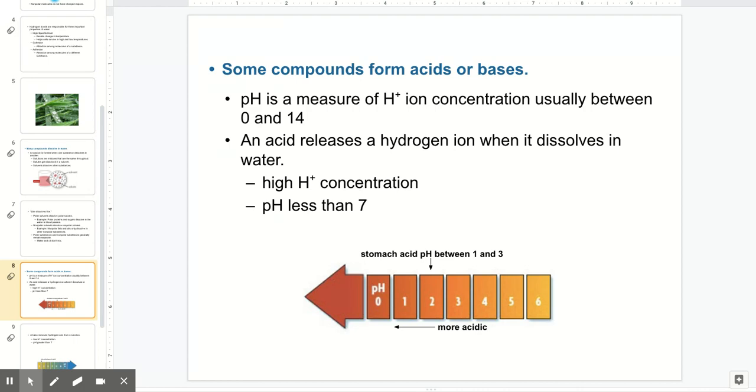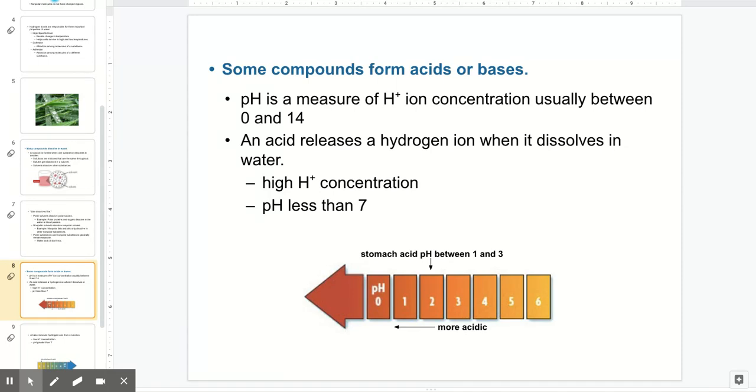If I'm making, again, my iced tea mix, and I put in 4 scoops of the powder, that is going to create some strong iced tea. We would say that's a highly concentrated iced tea mix. Okay, we're not talking about iced tea in terms of pH, but we are talking about hydrogen ions. A hydrogen ion is an H plus ion.